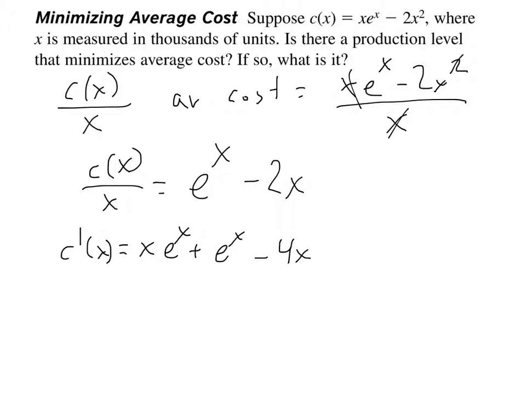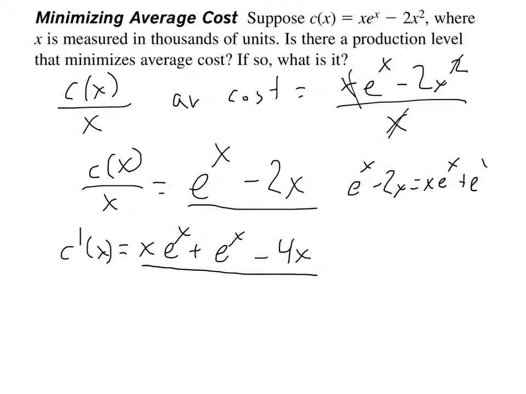So we will hit the minimum cost when the average is equal to the derivative of the cost, or the marginal cost. So set these two equal to each other. e to the x minus 2x equals x e to the x plus e to the x minus 4x.